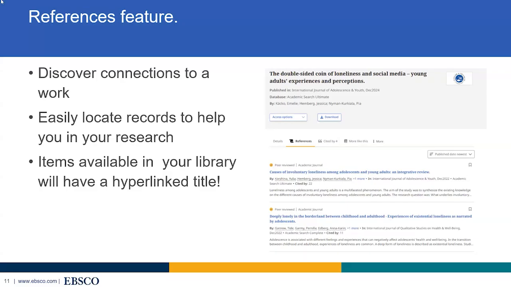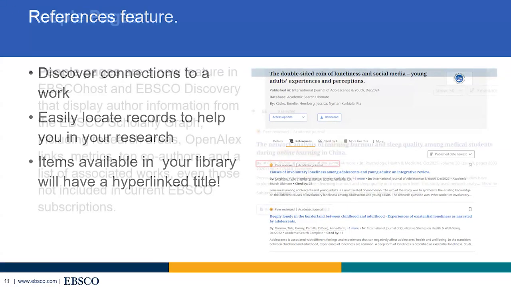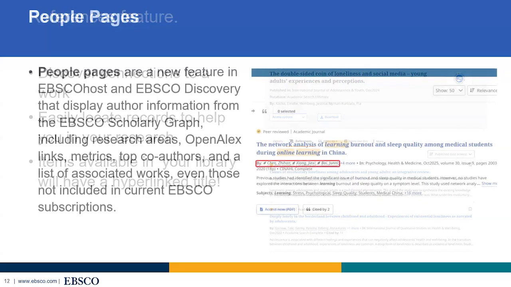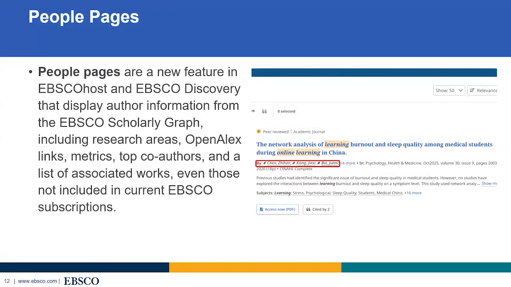So that's references. Now, aside from references, we also have people pages. People pages contain information sourced from EBSCO scholarly graph. This information includes authors and contributors such as the past topical areas in disciplines that they have worked within.